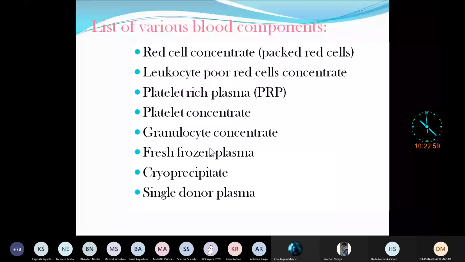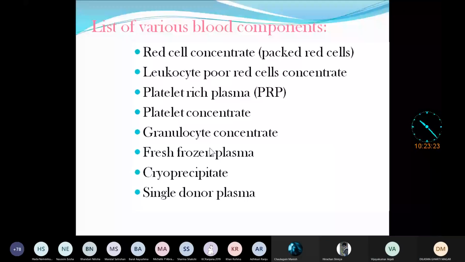And there is also the cryoprecipitate. Whenever this frozen plasma is thawed. Do you know the meaning of thawing? Anybody knows what you mean by thaw? Melting. Good. Okay, melting, isn't it? Now the fresh frozen plasma is frozen, isn't it?